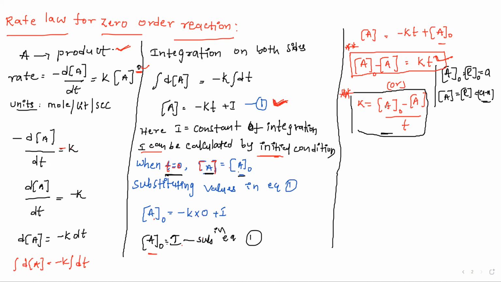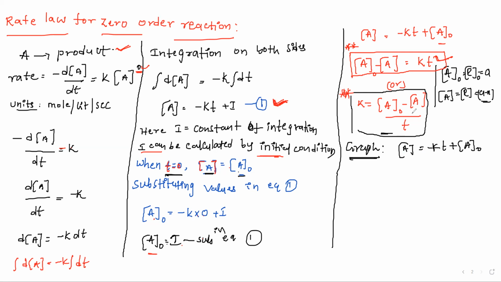And here we can write K is equal to A naught minus A by T. Now we are going to discuss the graphs, the different graphs of the zero order reaction. The first graph is the molar concentration of A equal to minus KT plus A naught.